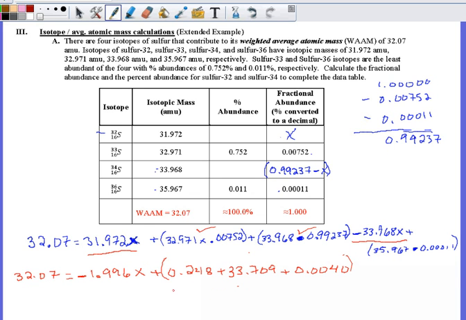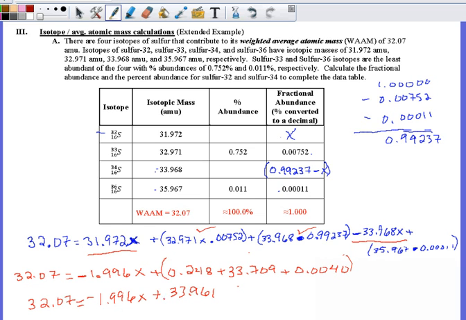So this is simplified a little bit now, like that.